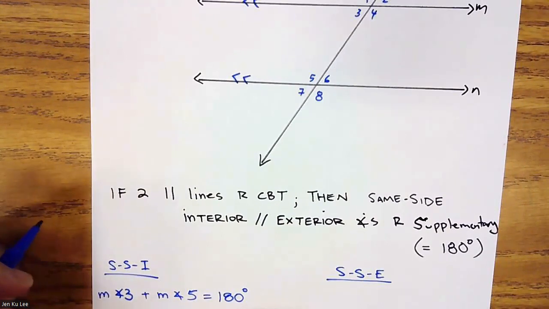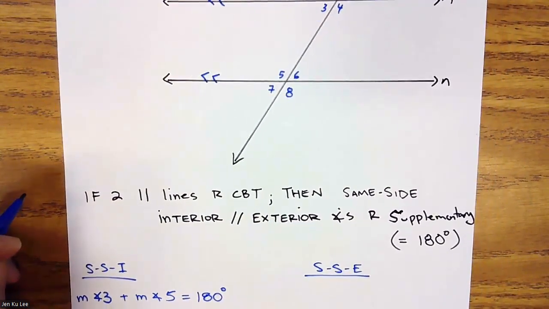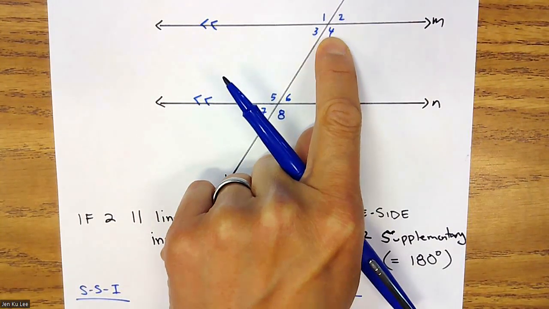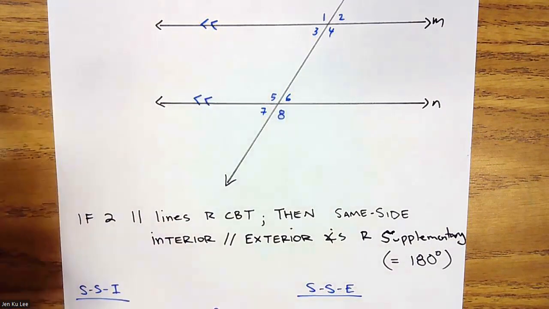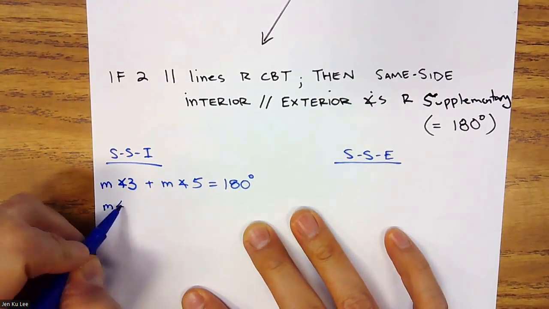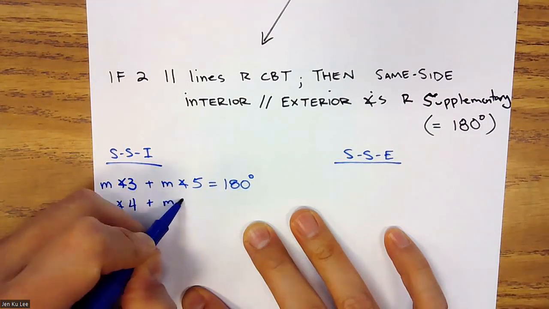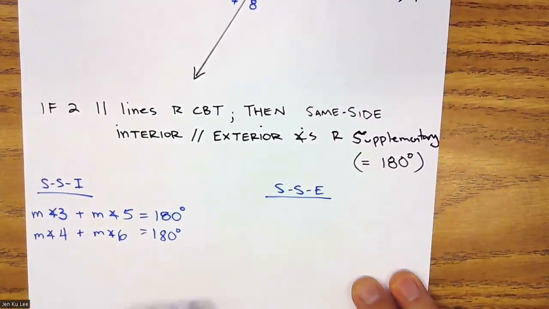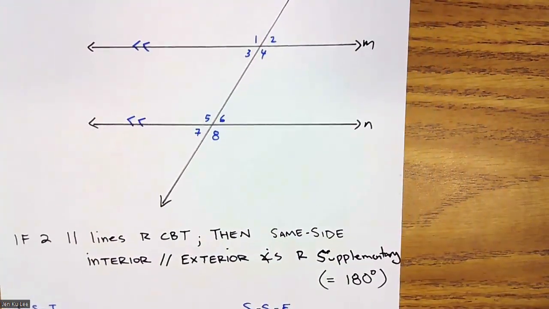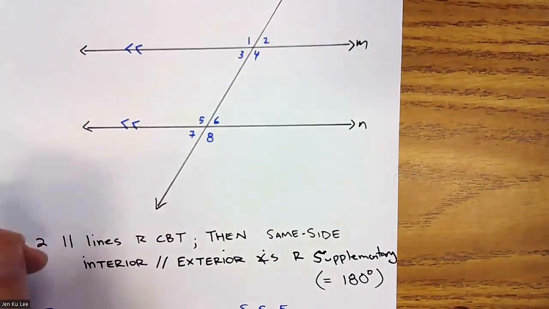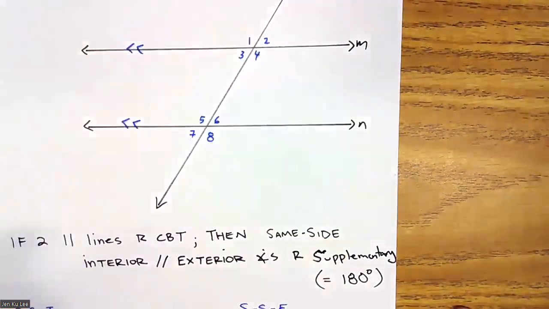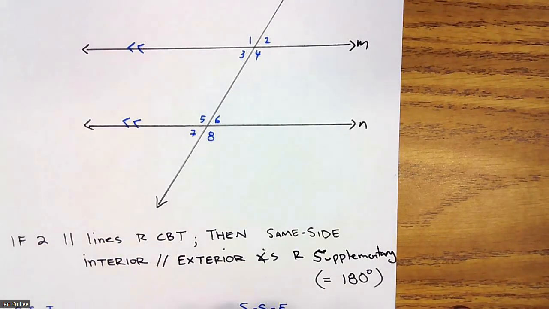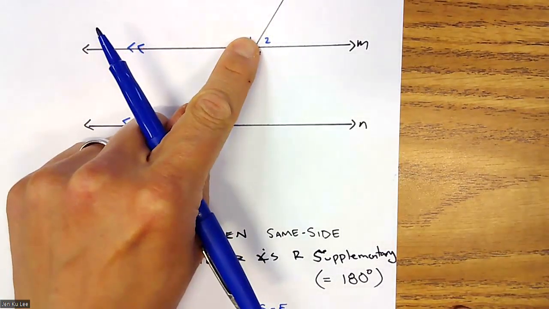All right. So the other same side interior angle pair: the measure of angle 4 plus the measure of angle 6 equals 180. Okay? Same side exterior angle. I'm just going to pick one from that first group. That's an exterior angle, angle 1. So the measure of angle 1, plus it needs to be on the same side of angle 1.